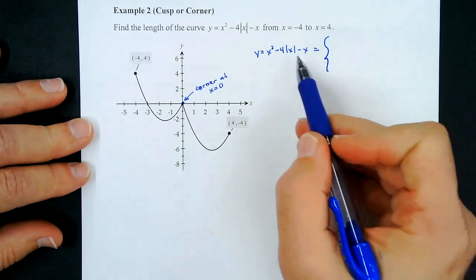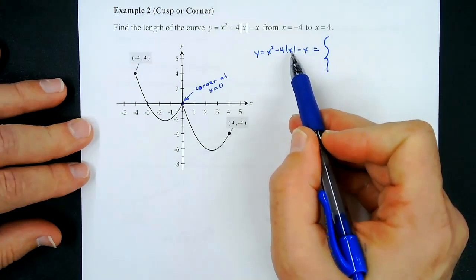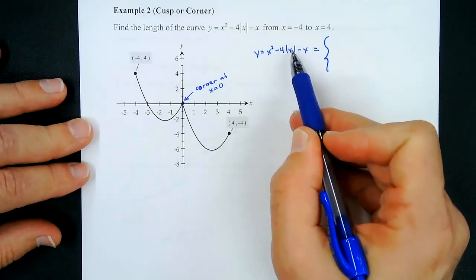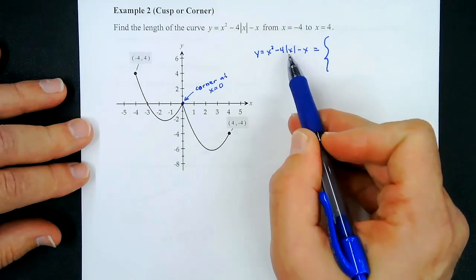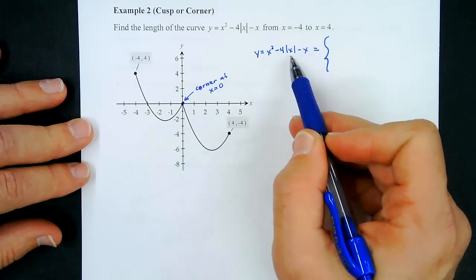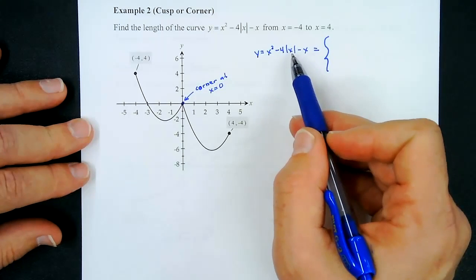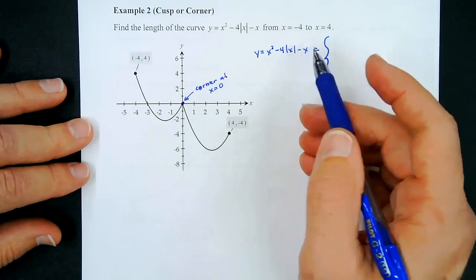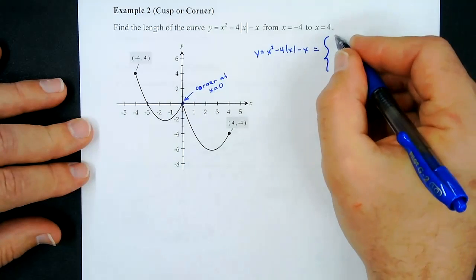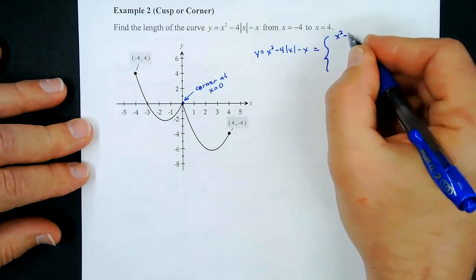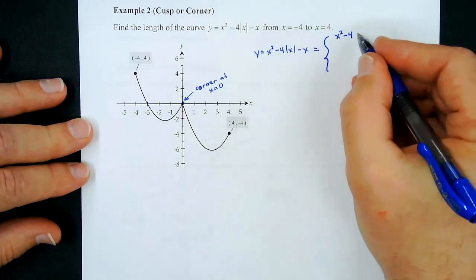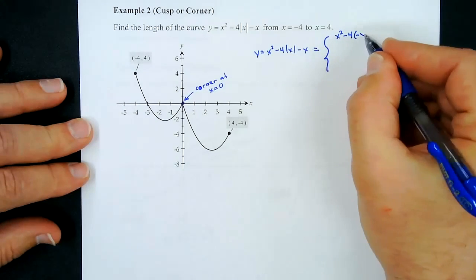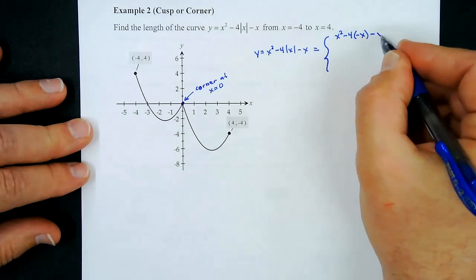so what changes this is what x is, right? So what does absolute value do? Well, if the x is negative, it will cause this to be negative. So if x is negative, I can't just leave x. I actually need to multiply by -x, okay? So what this means is we have x squared minus 4, and instead of the absolute value of x, I'm going to replace it with -x, minus x.